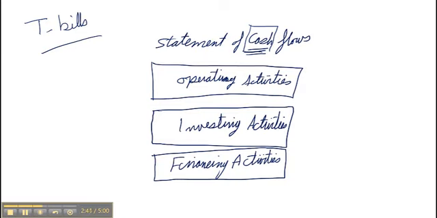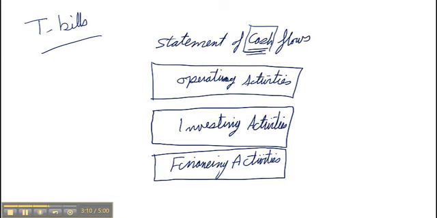So the next step is that we want to know how to classify each of the transactions or activities into those categories. Let's start with the operating activities. The operating activities are anything which has to do with operations and generation of income from the core business.